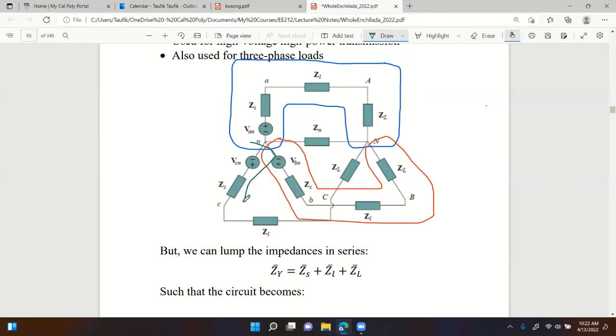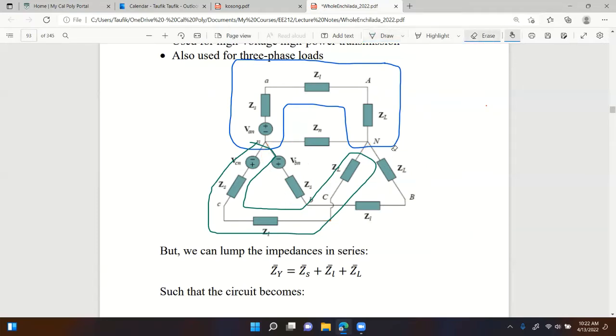It gets crowded, but you can see phase C also has one source and three impedances. Identical. That's the reason why, when you are solving the circuit, you only need to solve for just one of the phases, either phase A, phase B, or phase C. And then for the other two, you can use the phase angle relationship, depending on the sequence.